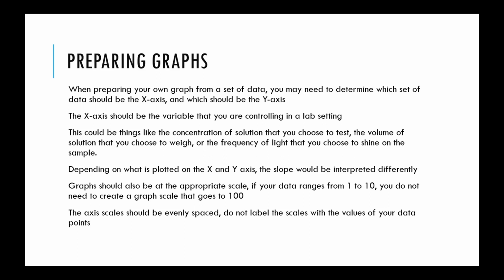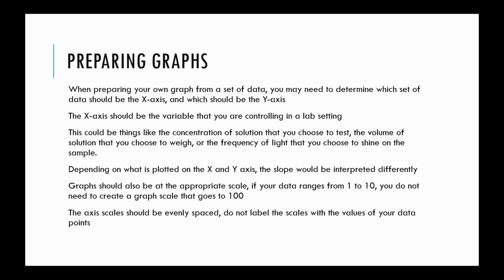When you have a set of data on your own and you need to prepare a graph from it, you first need to figure out which set of data, which column of numbers, would be going on the x-axis, the horizontal axis, or the y-axis, the vertical axis.